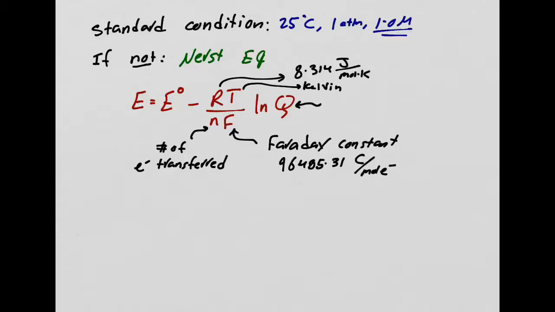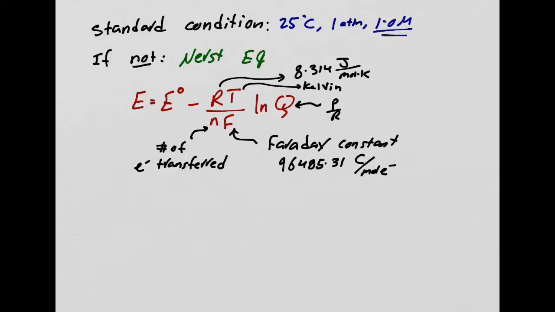If the concentration changes, that means Q is going to change, and if Q changes, your E cell is going to change. This is the same Q that we had before, product over reactant. So far so good?